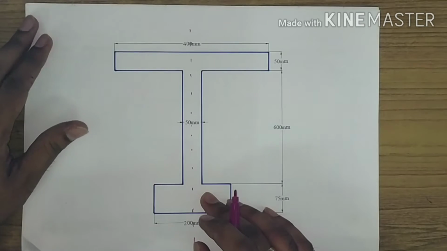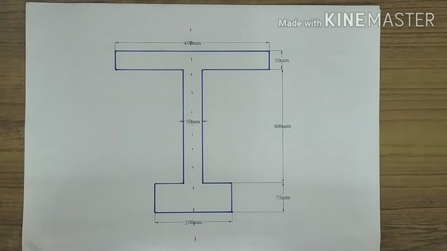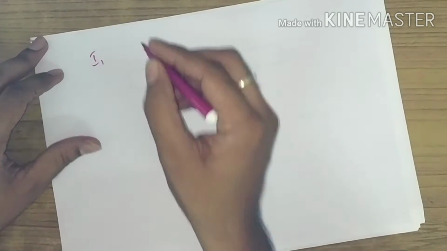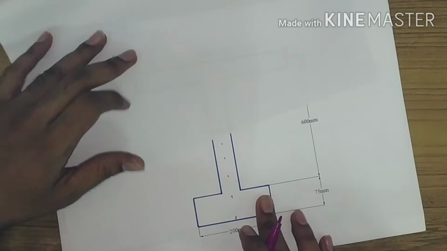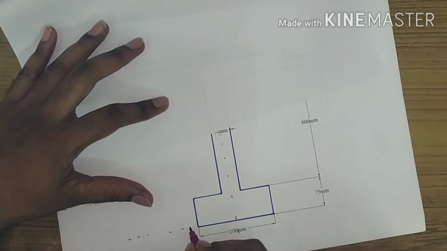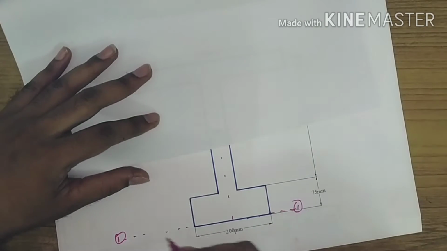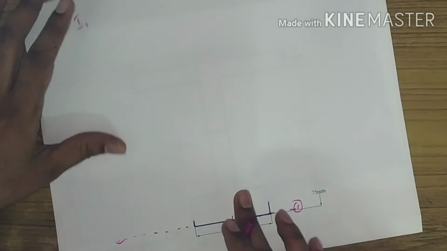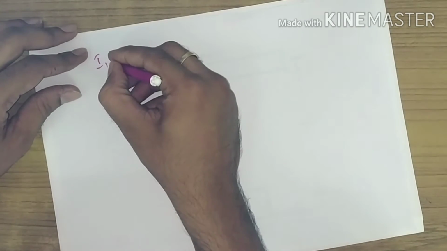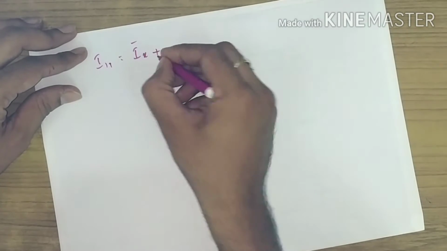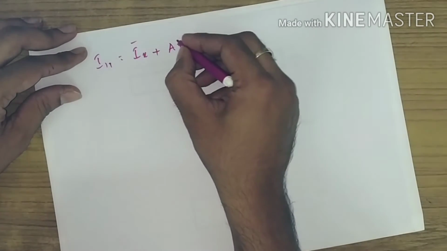Now the moment of inertia about the centroidal x-axis, we have to determine that, is given by I11. So let us say that this section, we are taking this axis as 1, 1. Okay, so we are determining the moment of inertia I11. So I11 is equal to I x bar plus A y bar square.